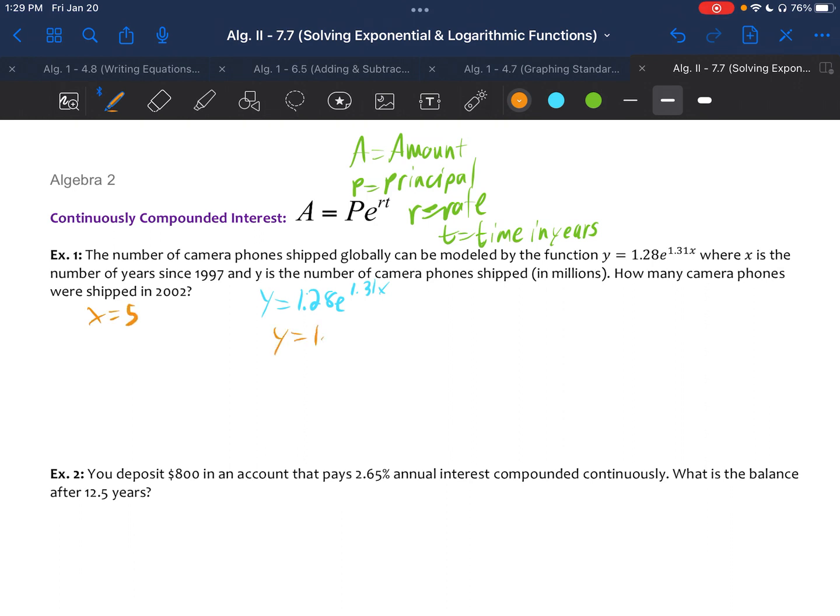So y equals 1.28e to the 1.31 times 5. You could just type all this in your calculator right now, 1.28 times e to that exponent, and it would tell you that y, to the nearest million, is about 874 million camera phones.